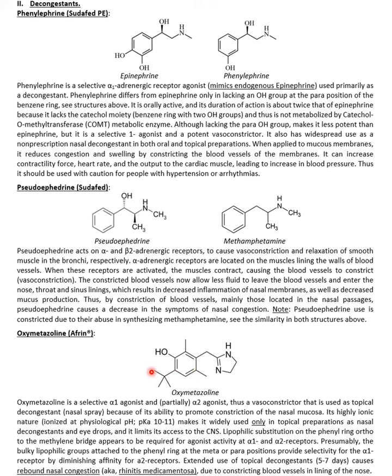It's also assumed that the presence of this bulky lipophilic group, the isobutyl group, at the para position or at the meta position increases the selectivity to alpha-1 receptors and reduces the selectivity to alpha-2 receptors.